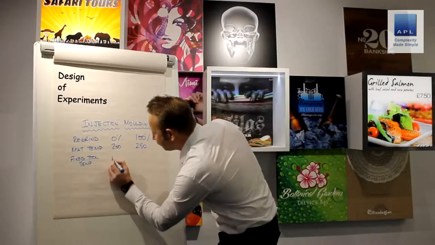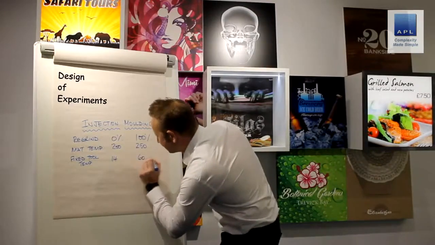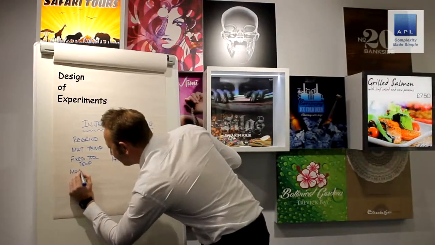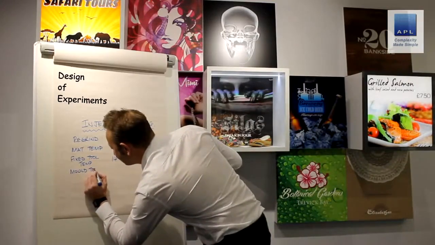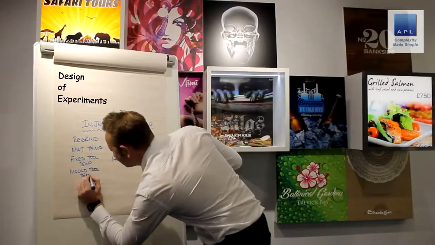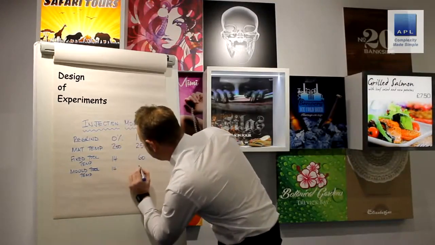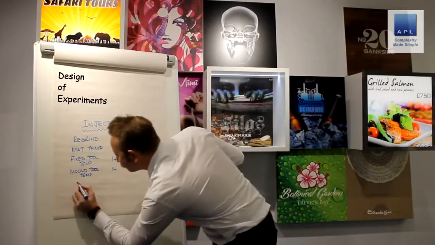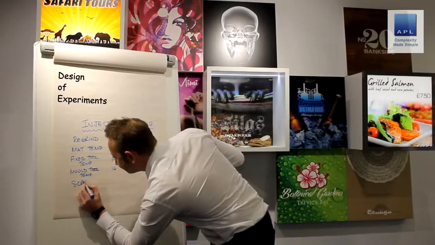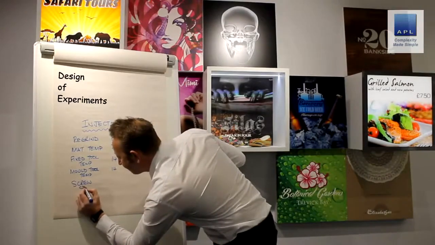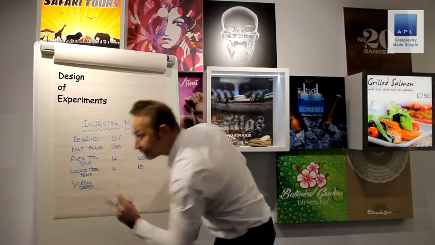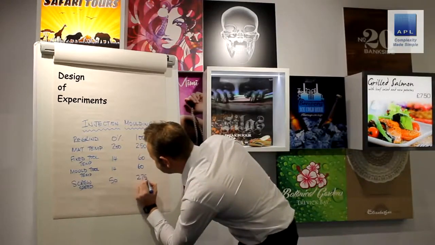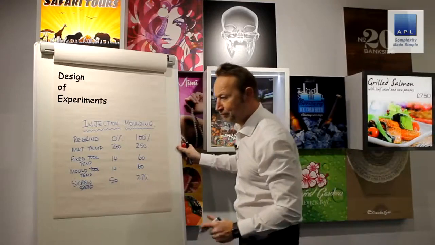Could be as low as 14 degrees, could be as high as 60. We're going to go mold tool temperature, and again 14 to 60. Screw speed. Screw speed goes from 50 to 275.